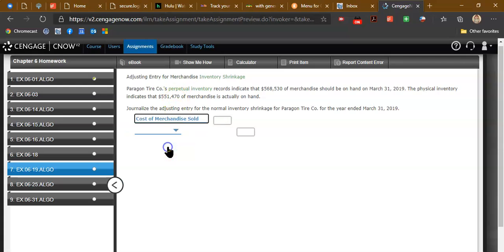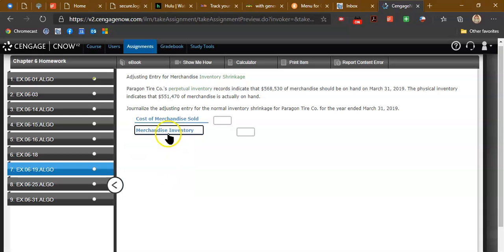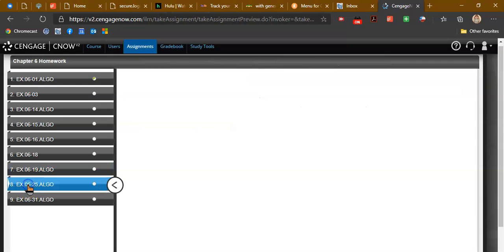We put the difference into cost of merchandise sold and we take it out of merchandise inventory. It should always be a credit to merchandise inventory and a debit to cost of merchandise sold. Your physical count is not going to be higher than your records say. It's always going to be lower due to theft or errors or whatever. So you're going to find the difference, and debit and credit these accounts for those amounts.